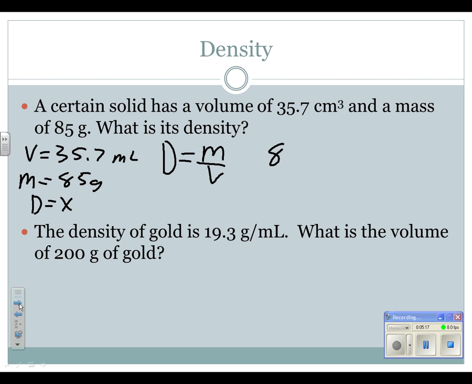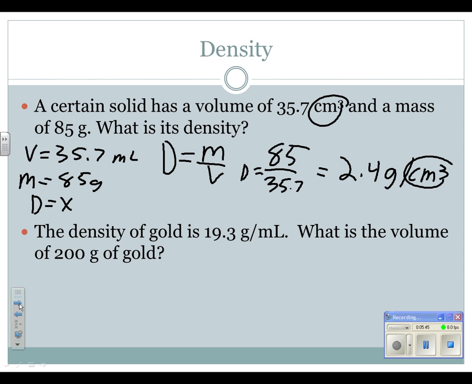We have 85 over 35.7, which equals 2.4 grams per centimeter cubed. Remember, you got to use centimeter cubed because it's the unit given to you in the question.